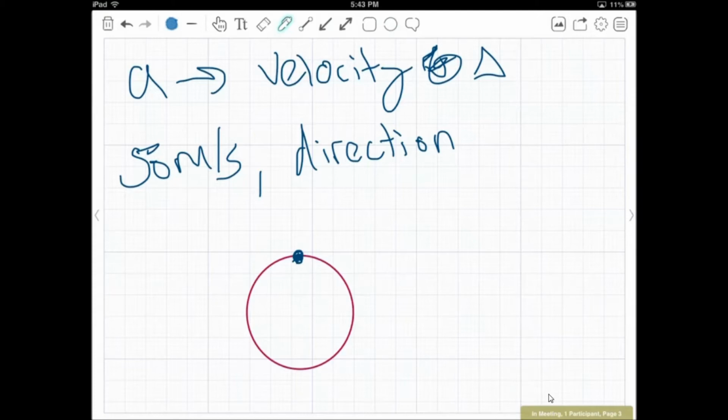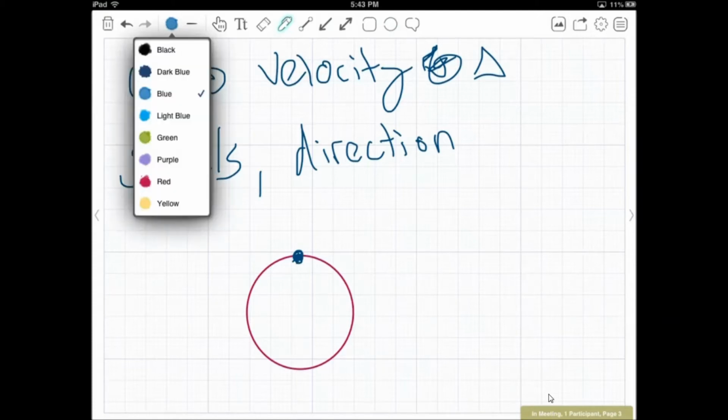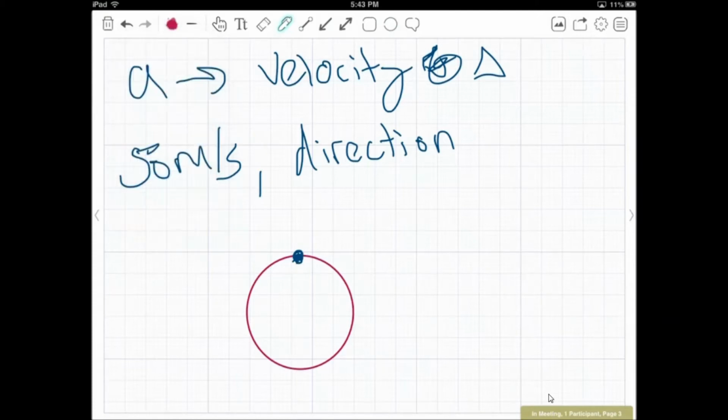I'm not going to take you through the derivation, but here's the first equation we're going to look at with an object moving in a circle, and that's the acceleration of an object in a circle. There's a couple ways we write this. One is a_r. I forget what the r stands for, probably radial, since we're dealing with circles. The way that I write it most of the time is a_c, the c standing for centripetal acceleration.